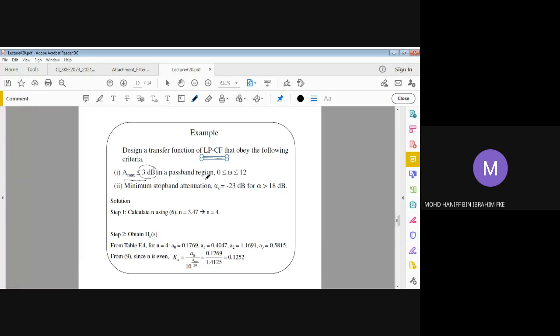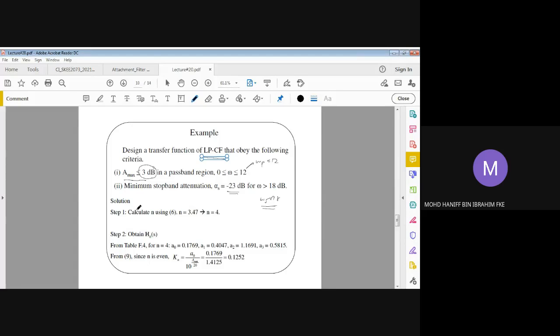The passband region is from 0 to 12, so here we have omega_P equals 12 radian per second. For the stop band region, the specification given is that alpha_S is negative 23 dB and omega_S is 18. That should be your stop band frequency. Basically these are the parameters given in your specification.